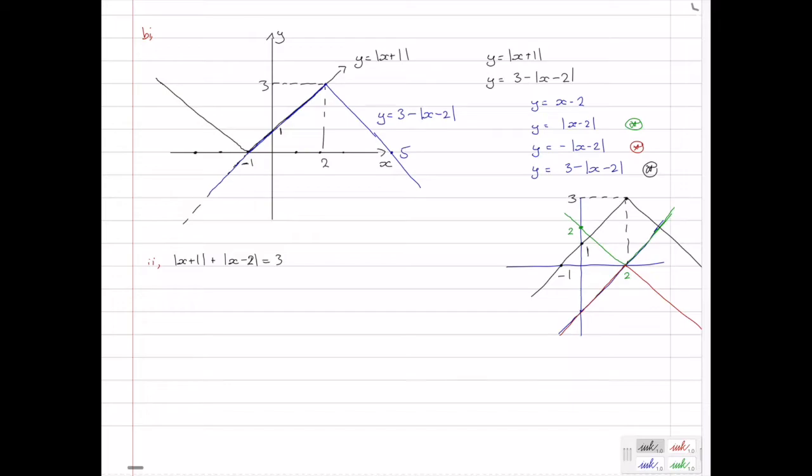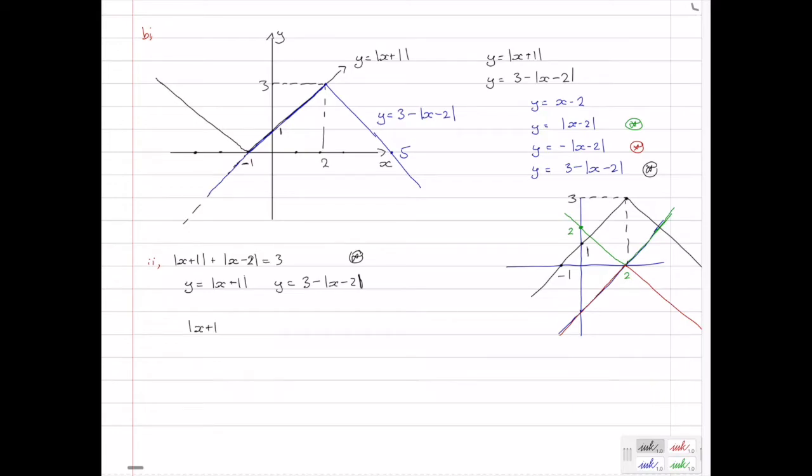Now we can see that these absolute values are just coming from what we've graphed. Okay, so let's quickly write down what we graphed again. y equals the absolute value of x plus 1 and y equals 3 minus the absolute value of x minus 2. Okay, so if I rearrange this equation, let me write it in the following way.